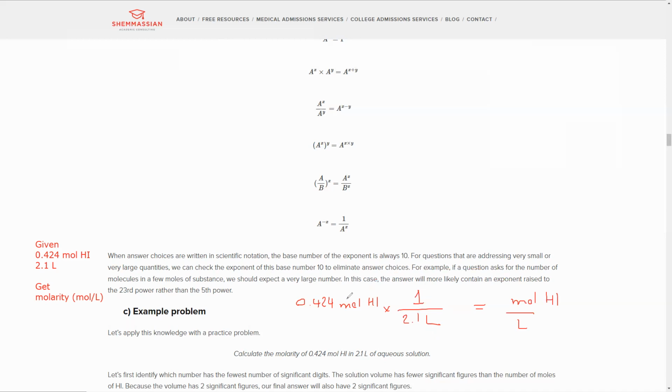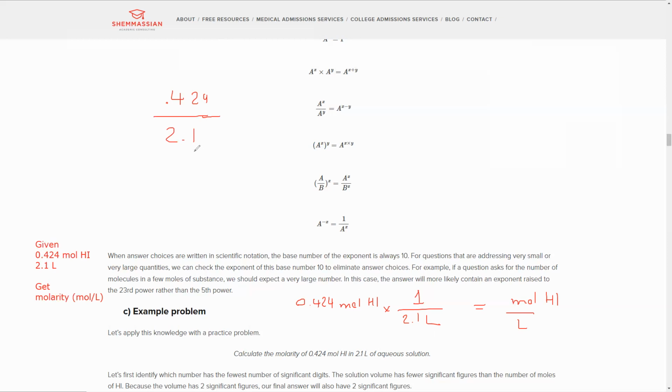That's all. So now I'm dealing with 0.424 divided by 2.1. Now this is a great example of when I would like to use the LARS technique. I have 0.424 divided by 2.1.